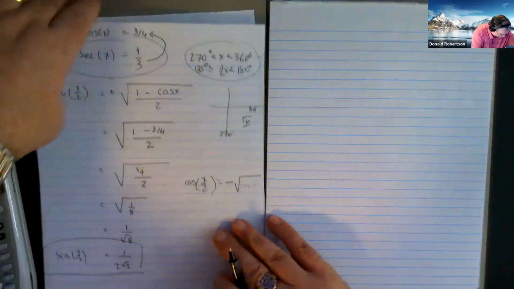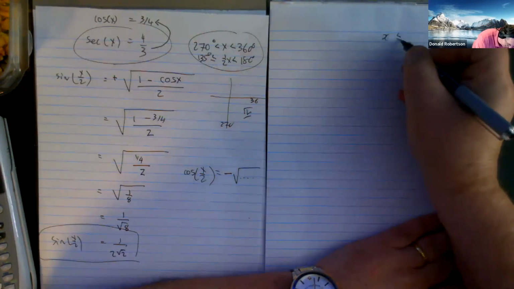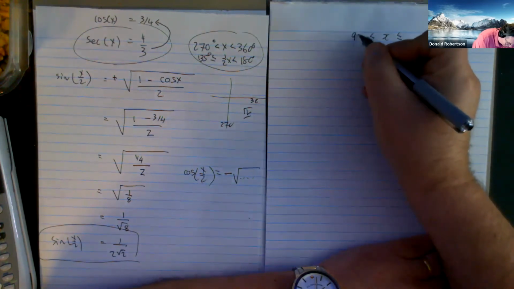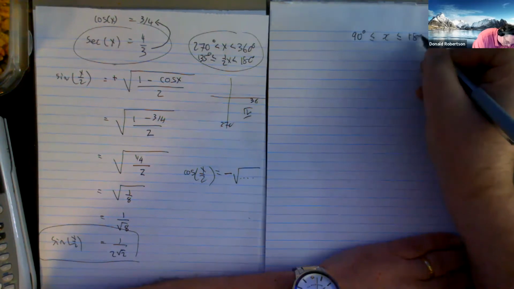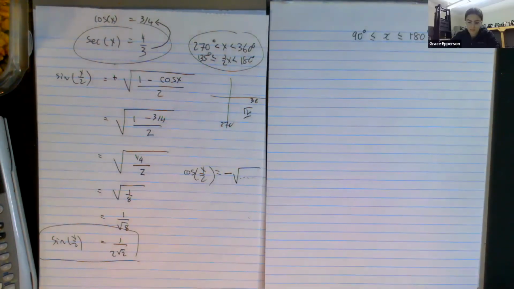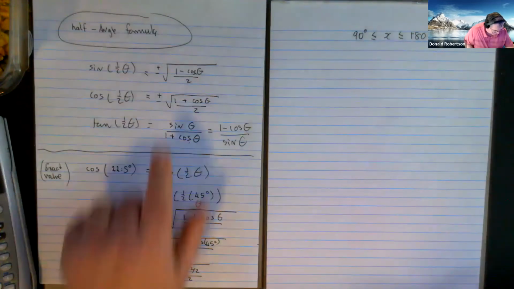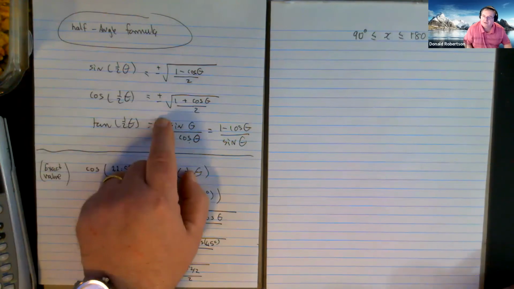So suppose you're being asked to find an angle X, and angle X is in the range, say, 90 to 180 degrees. Now we have 3 formulas to deal with, but only 2 of them really matter, these 2, because these 2 we have to decide plus or minus, right?